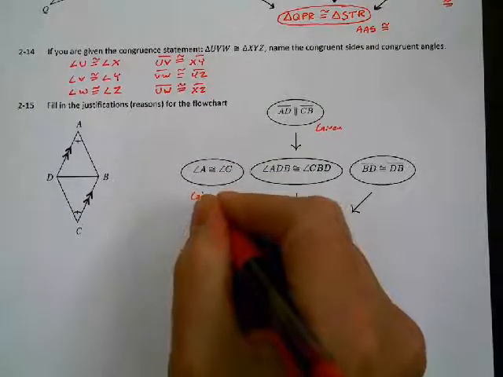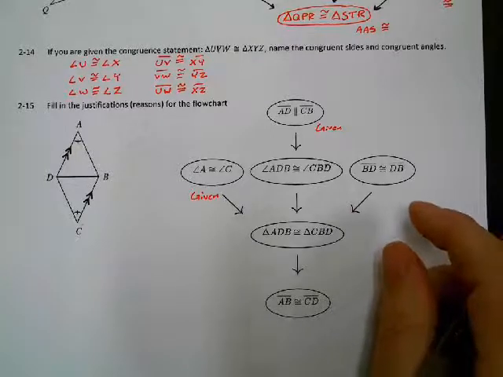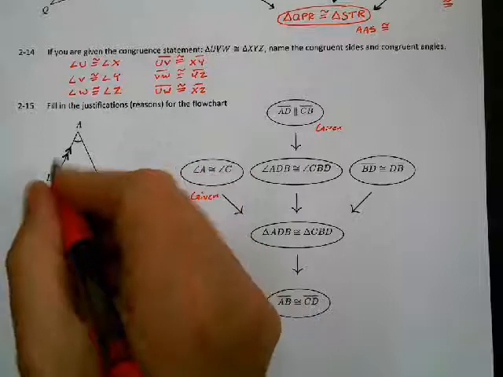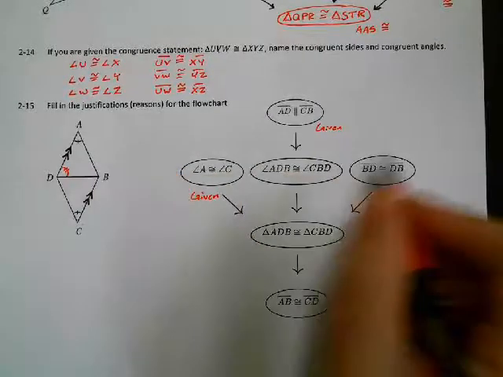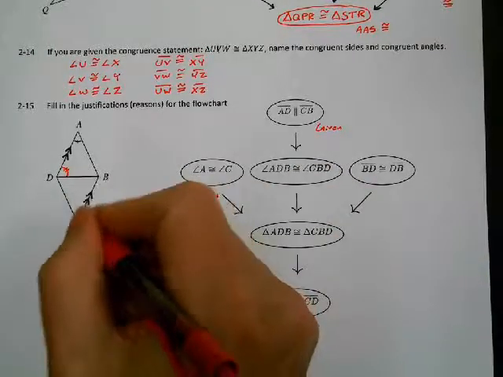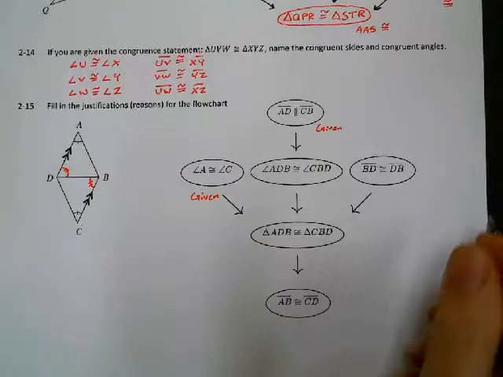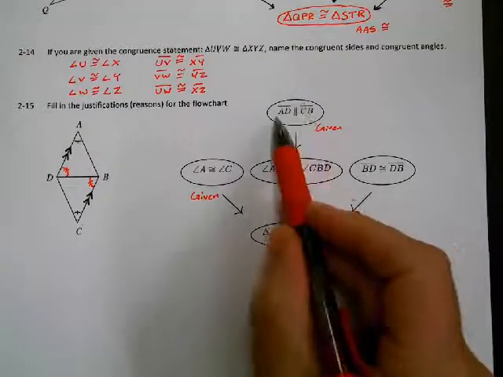And now they're saying that angle ADB, let's see, ADB is this angle here, and angle CBD, CBD would be this angle here. They're saying that those two angles are congruent. Now, why would they be congruent? Well, see how the parallel is flowing into this one?